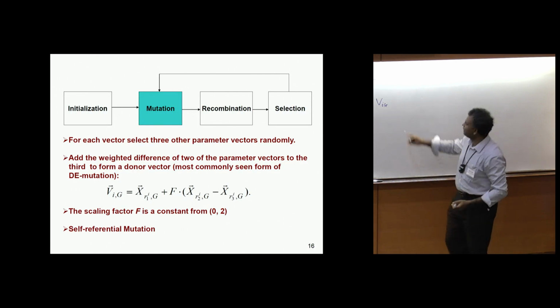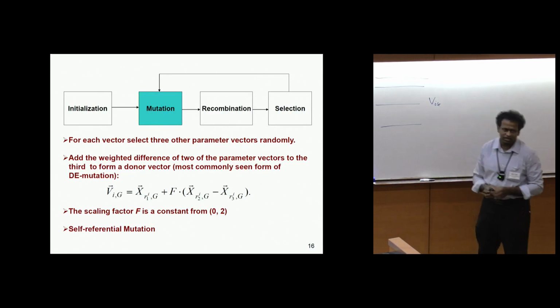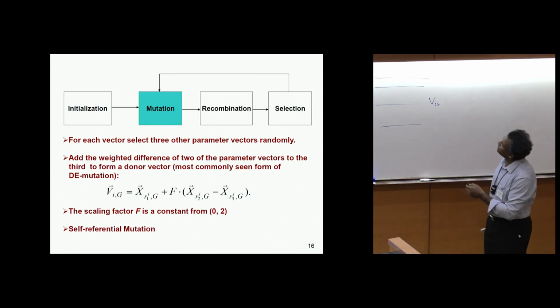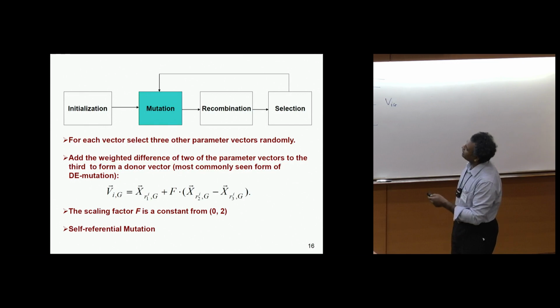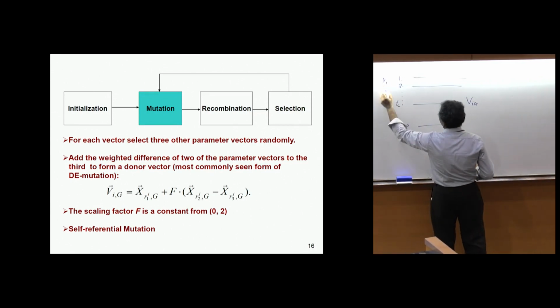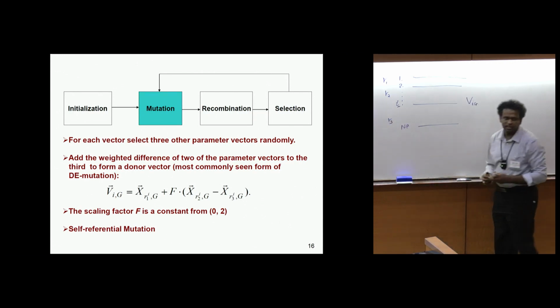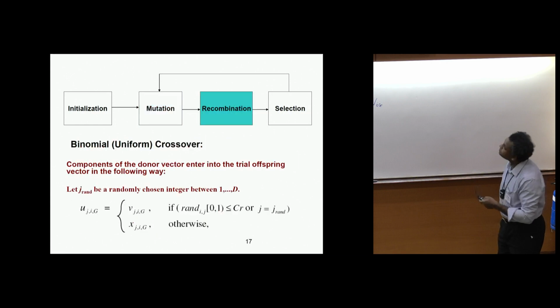When you obtain Vig, the ith member doesn't participate in any of this. If you look at the right side of this equation, the ith member doesn't come in. All these are randomly generated, XR1, XR2, XR3. R1 may be somewhere here, R2 somewhere there, R3 somewhere there. So they are coming from different places in the population.